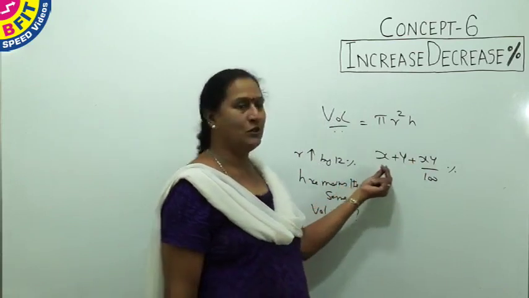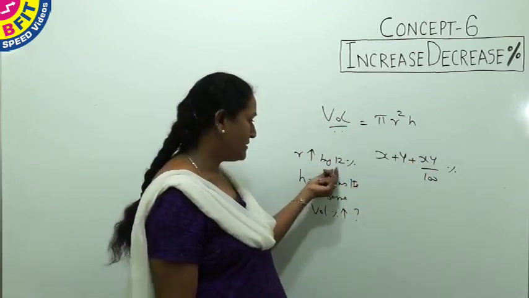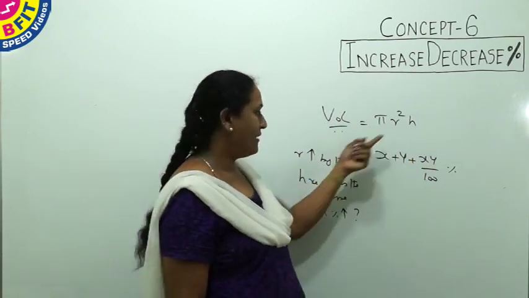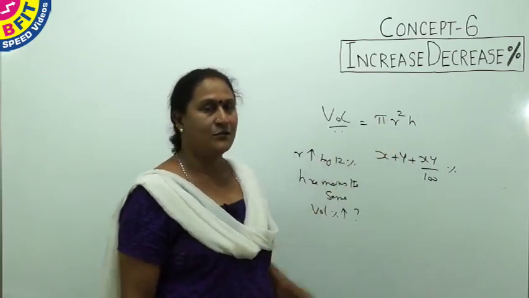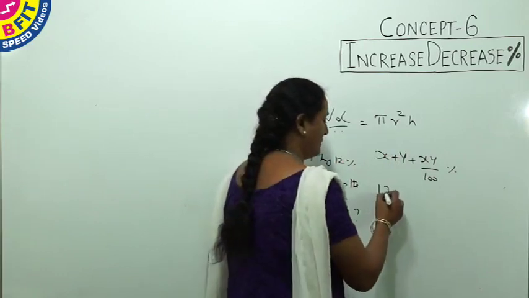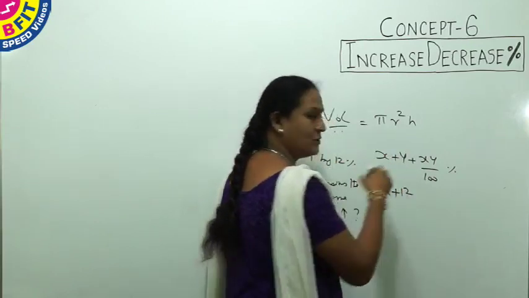Now what is the value of x and y? The radius is increased by 12%, and we have change in the radius r square, so both x and y are 12.